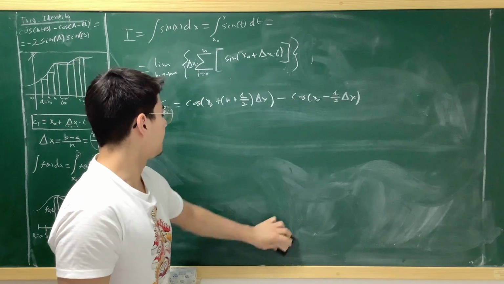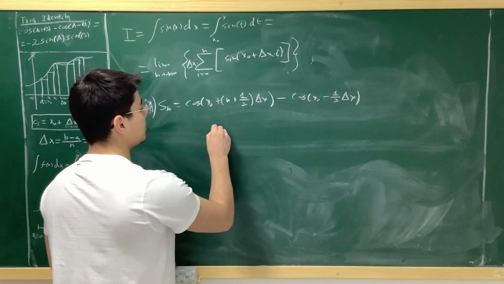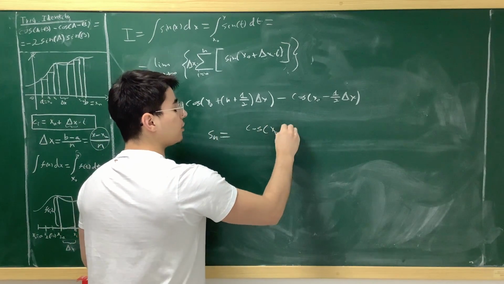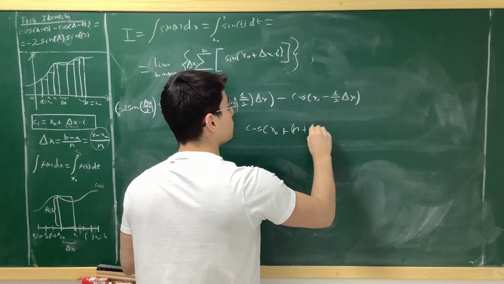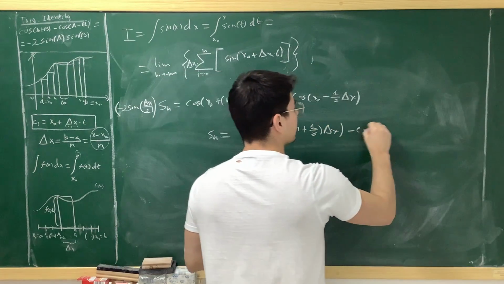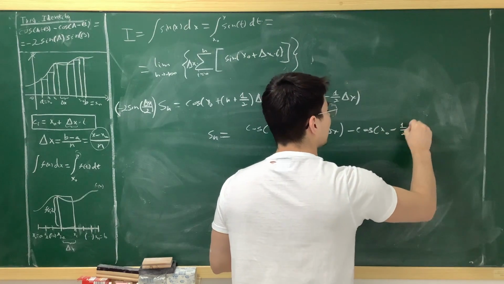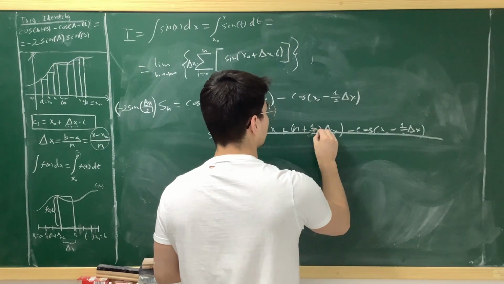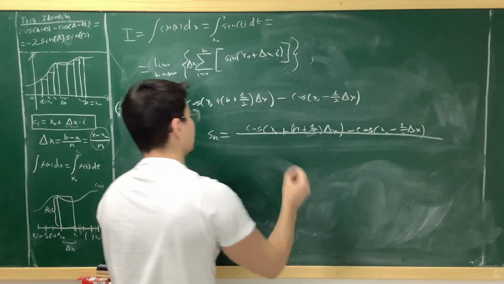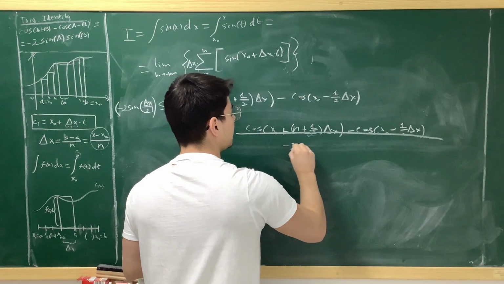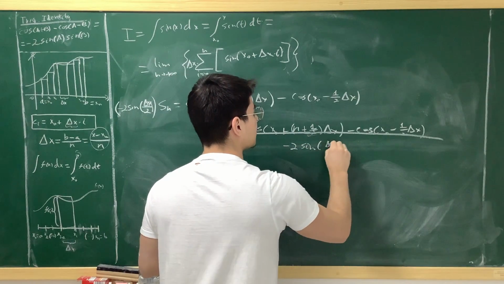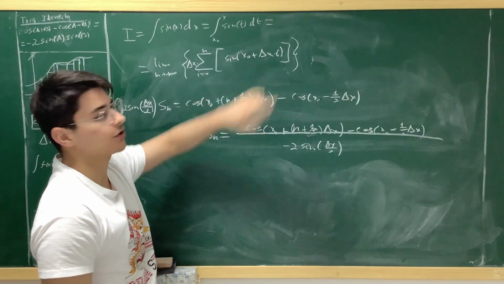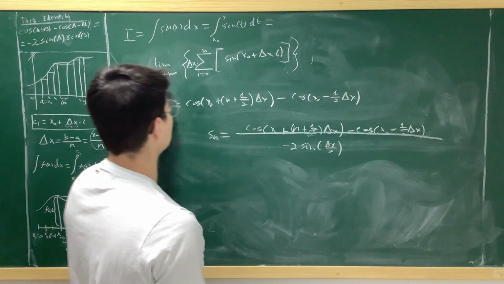So, having this out of the way, we can divide and just say that Sn is nothing but the cosine of x naught plus n plus 1 half delta x minus the cosine of x naught minus 1 half delta x over, oh, I'm so sorry for that, I just write it here again, minus 2 the sine of delta x over 2. So we will just replace this expression here and take the limit and see what happens.